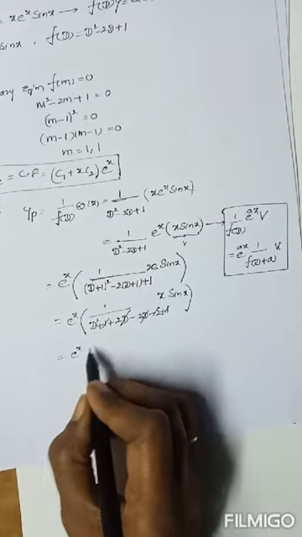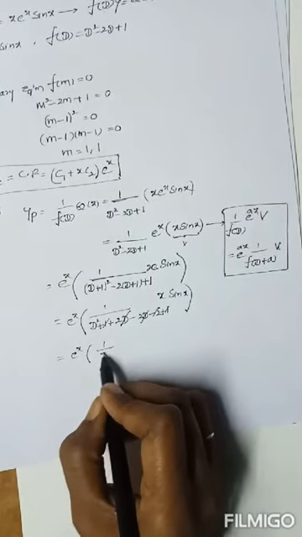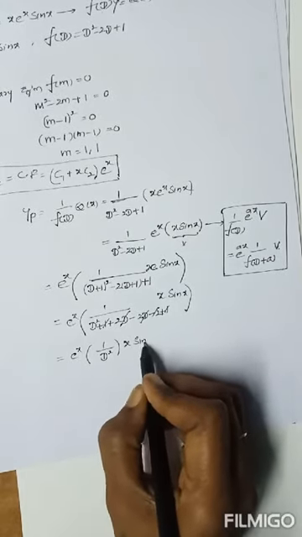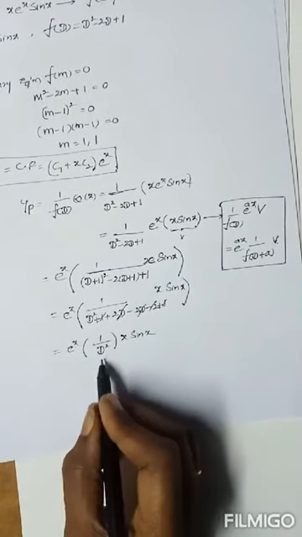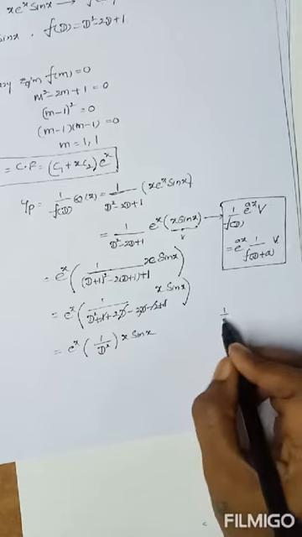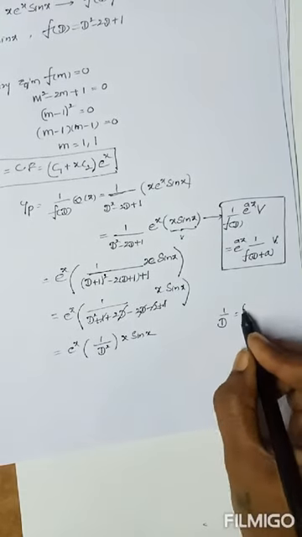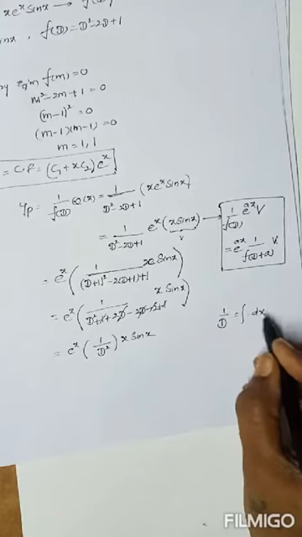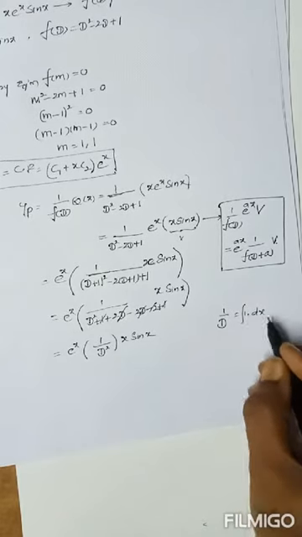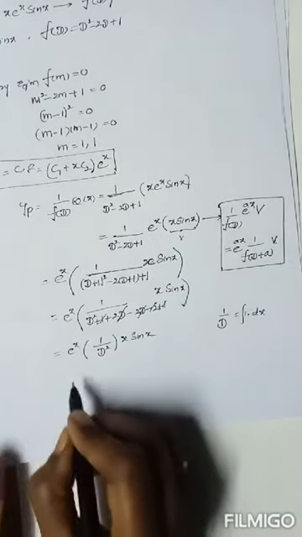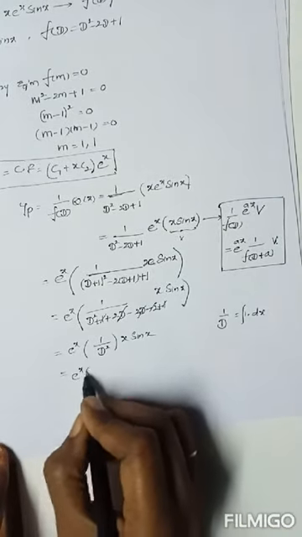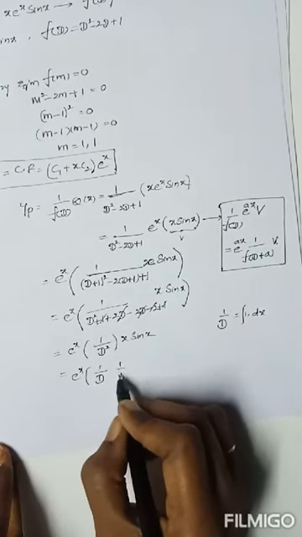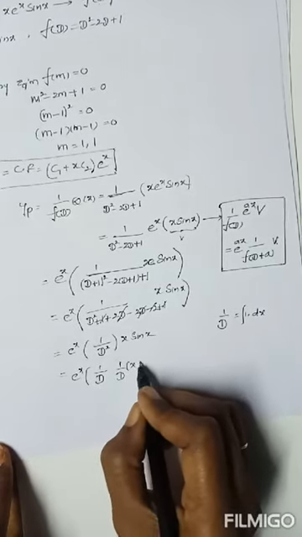E power x into only one operator, D square, acting on x into sin x. Now 1 by D is the operator of integration with respect to x. So e power x into 1 by D square can be written as 1 by D of x sin x.